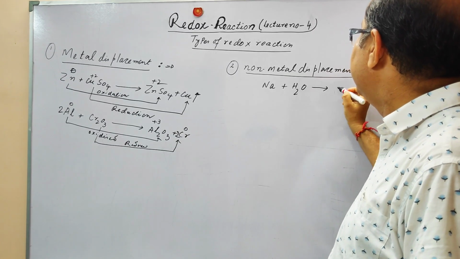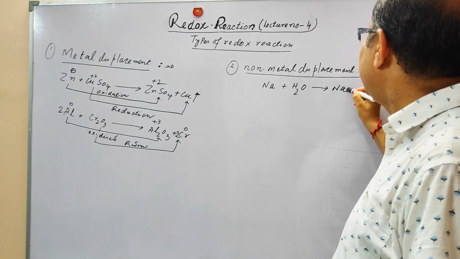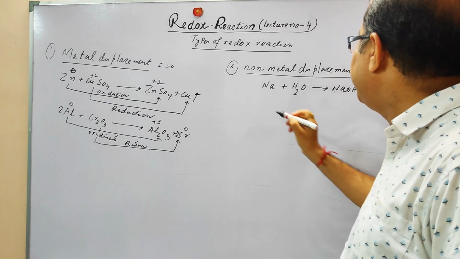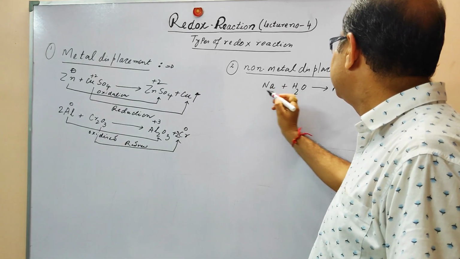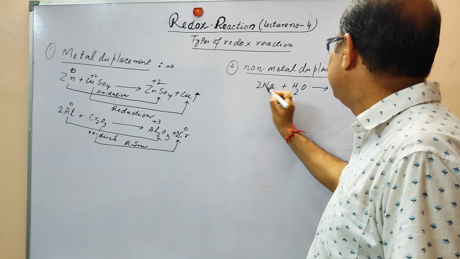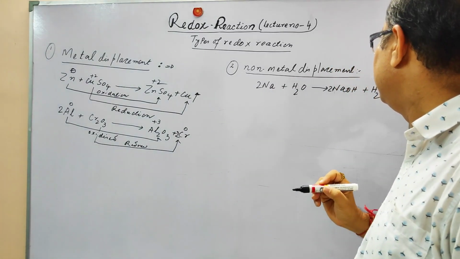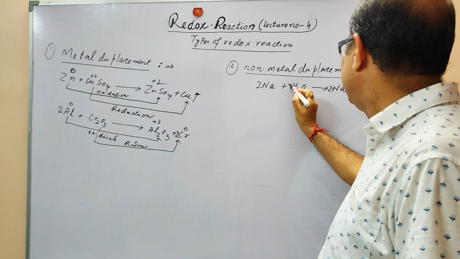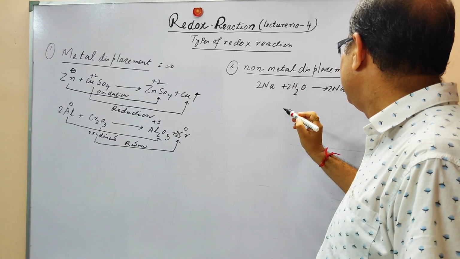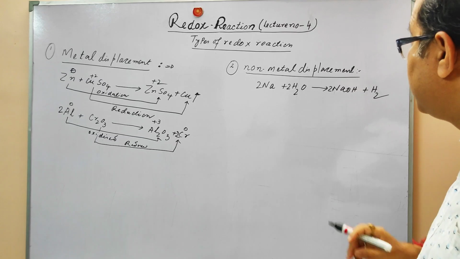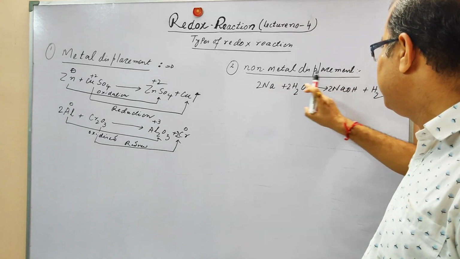What is going to happen? Now it is observed that we need 2 and 2. So you can say this is the balanced equation now: 2 sodium, 2 sodium.